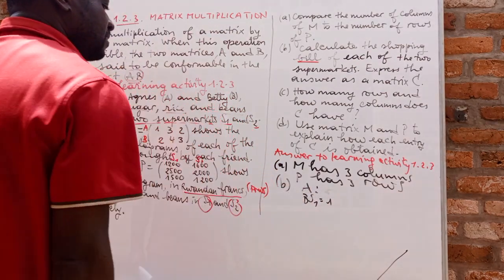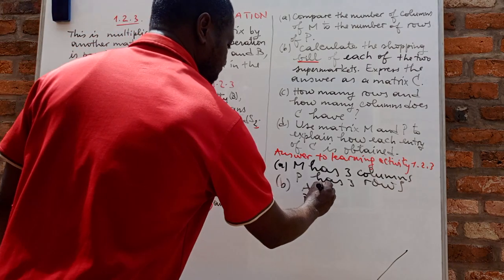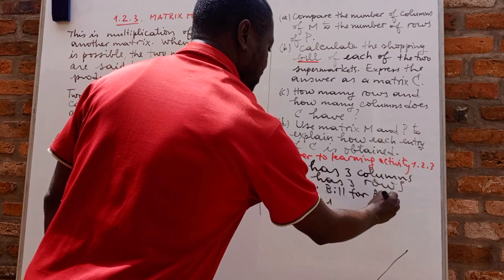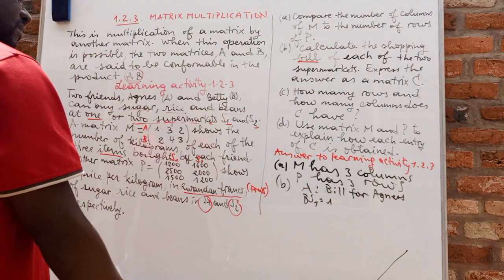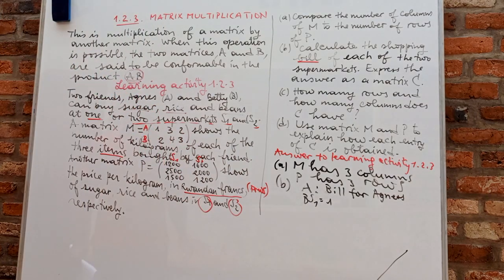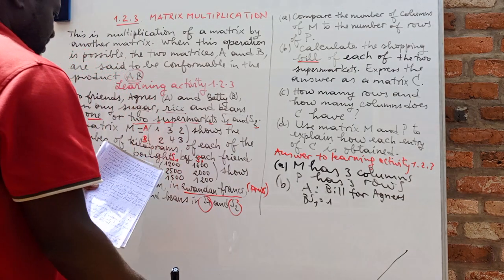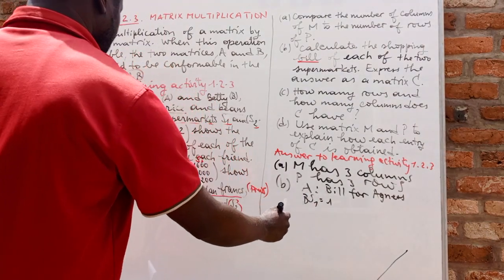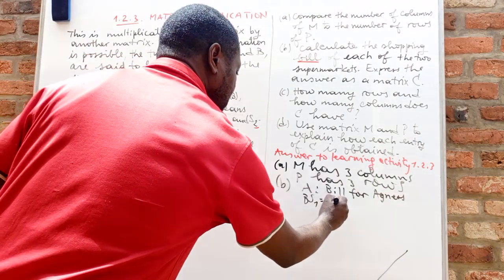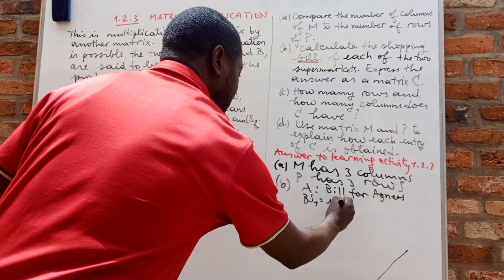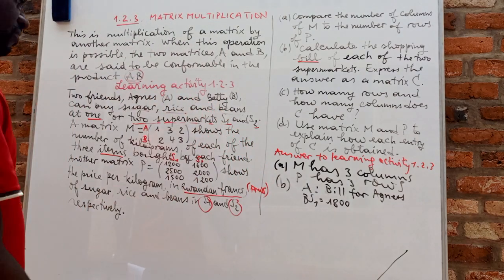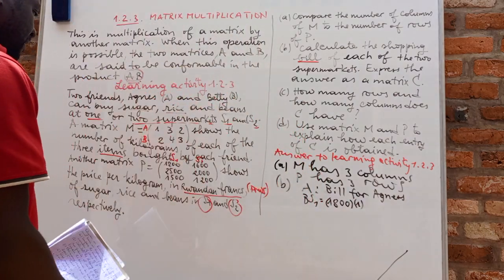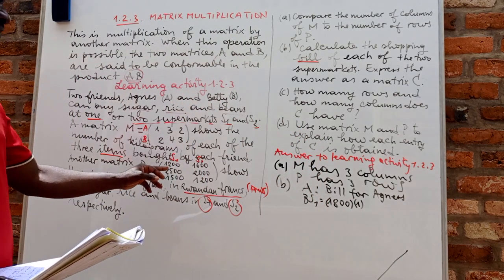So the bill at S1 for Agnes. In the first supermarket, he bought 1 kilogram of sugar, it is sugar, not rice. So in the first supermarket, we have 1,800 Rwandan francs, which we multiply by 1 kilo of sugar.